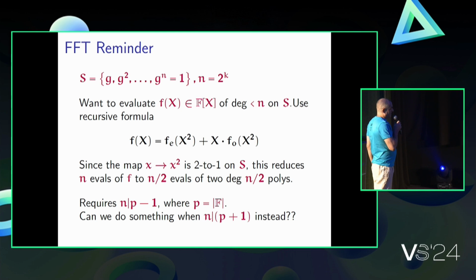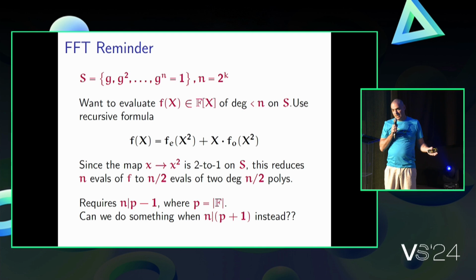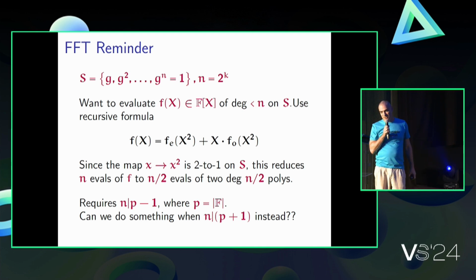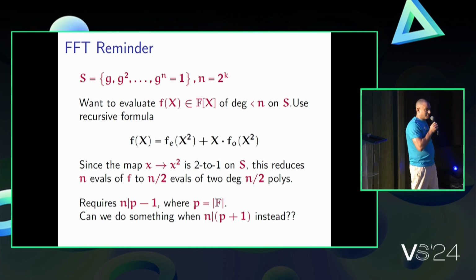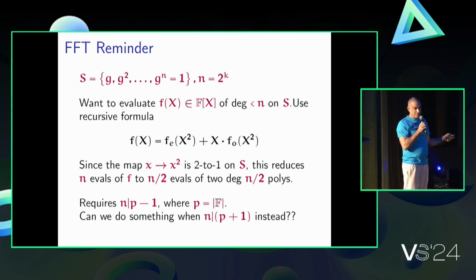And then, obviously, in the case of a Mersenne prime, p plus 1 will have a large power of 2 inside of it. So that's the question the talk focuses on. Can you get a fast FFT when n divides p plus 1?